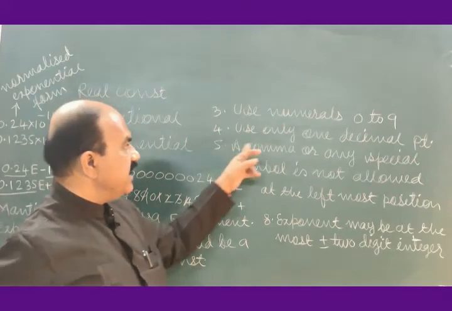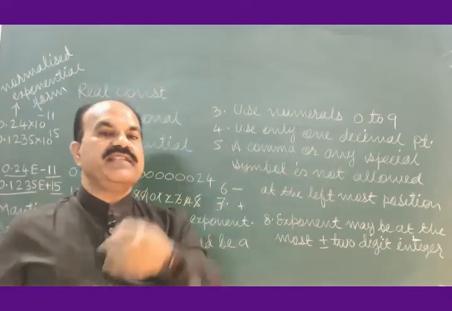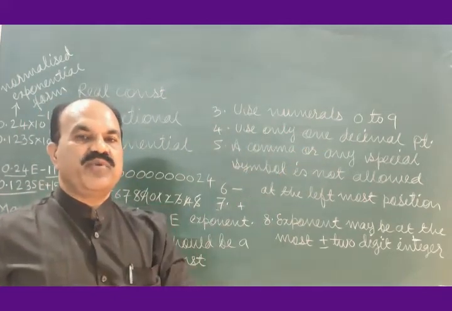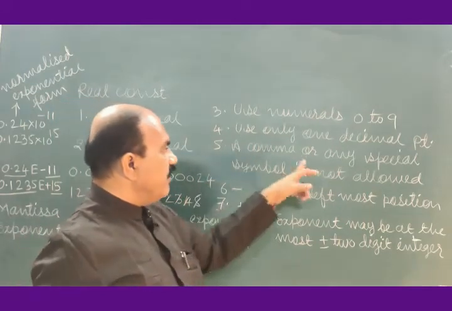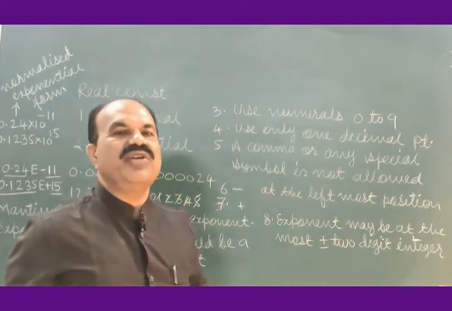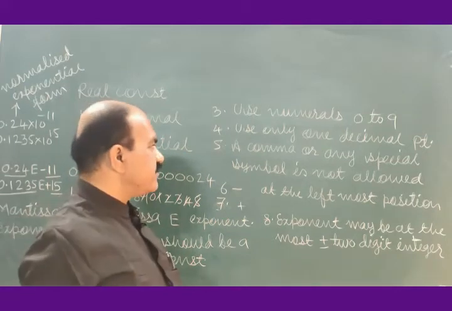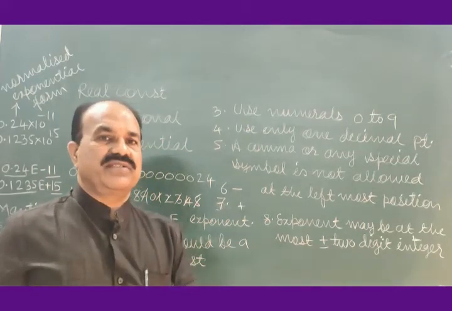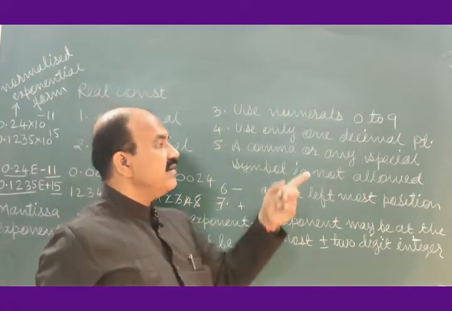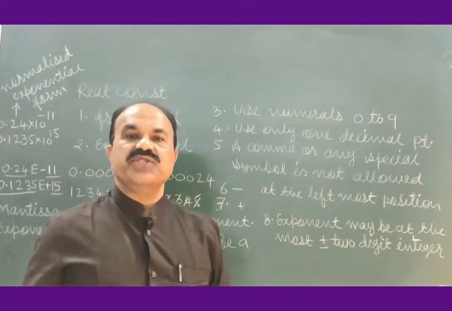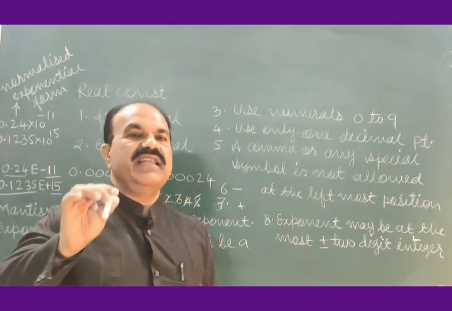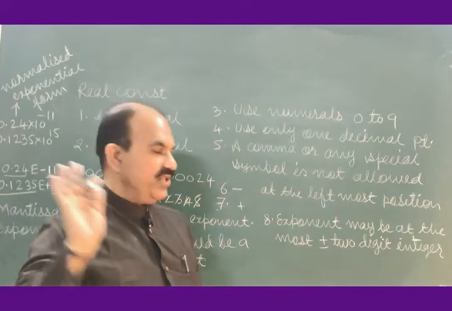Second thing, it can use only one decimal point. 2 or more decimal points not allowed. A comma or any other special symbol is not allowed in mantissa, as well as in exponent.